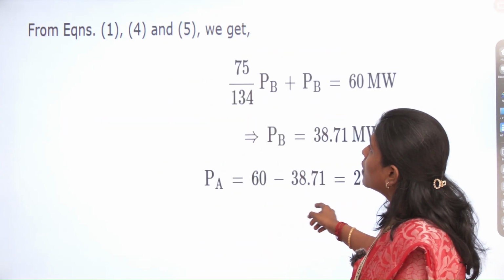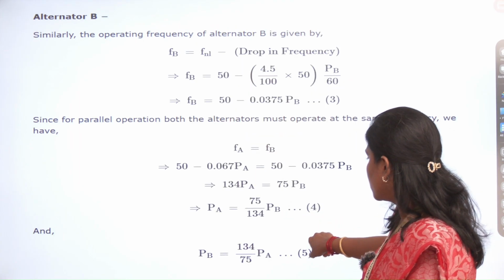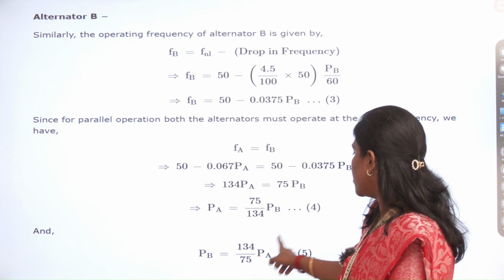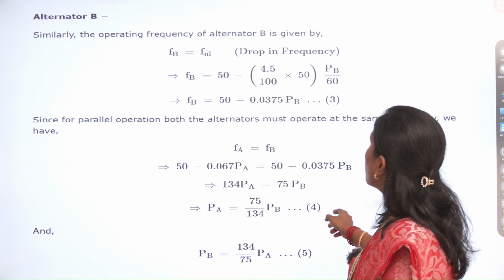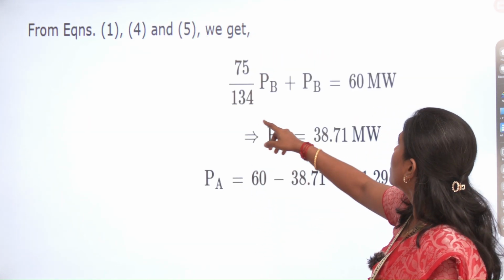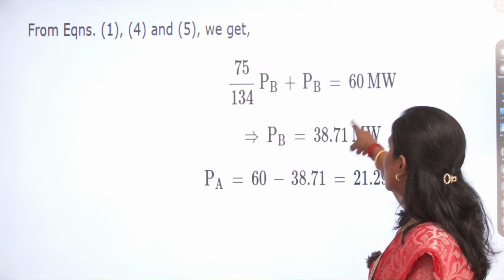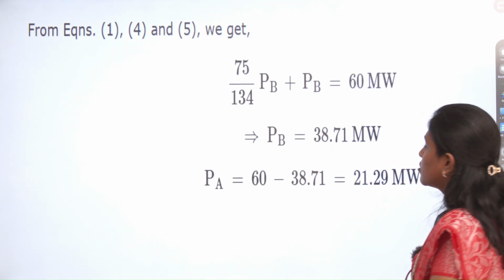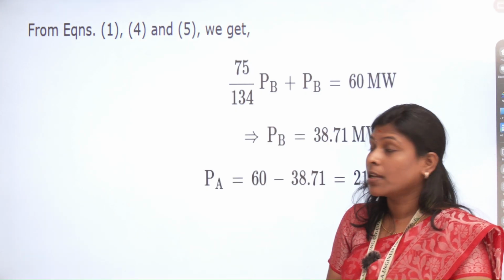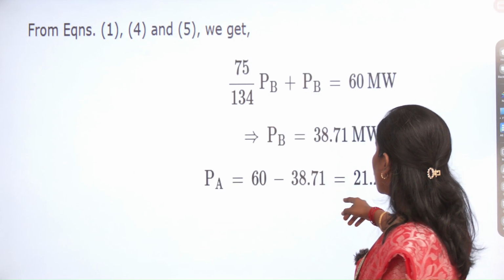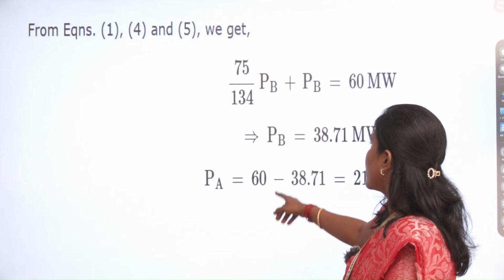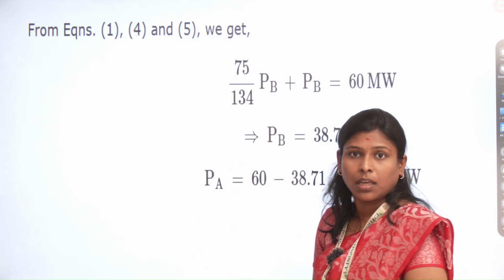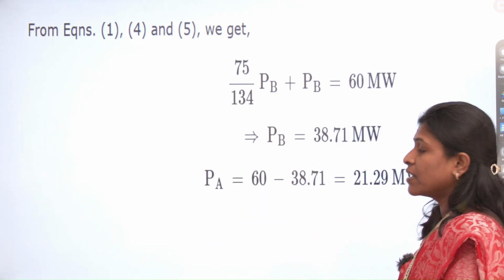Now for PB, we get 134 by 75 into PA. We are equating the fourth and fifth equations. By solving this, we get PA equals 60 minus 38.71, which is equal to 21.29 megawatts. So we have found the values for alternator A and alternator B. This will be the final solution.